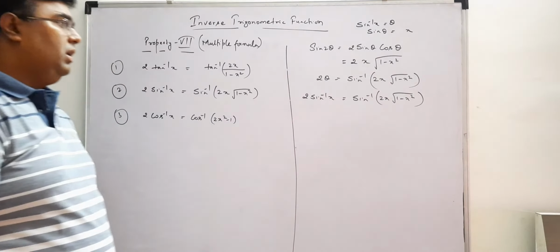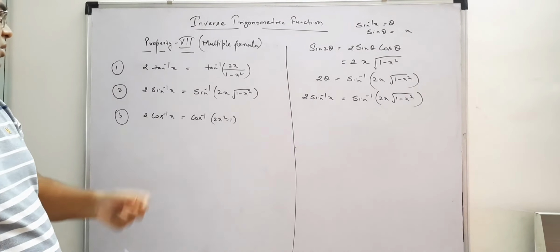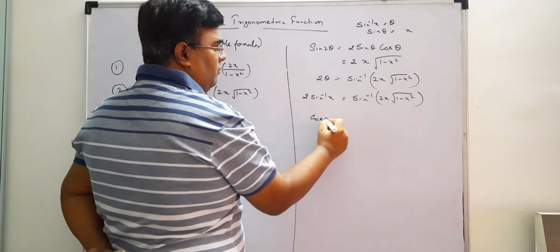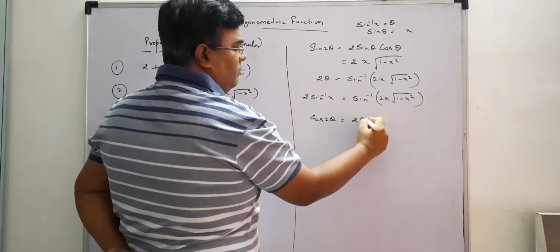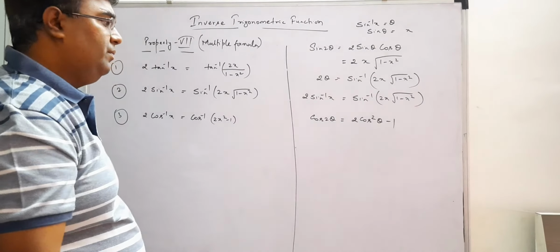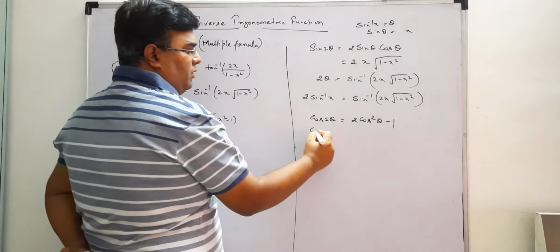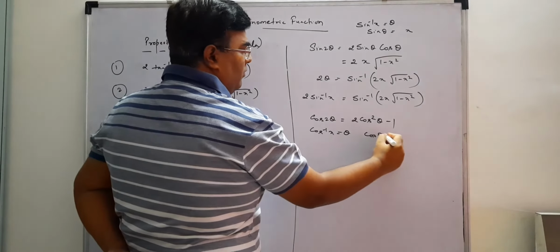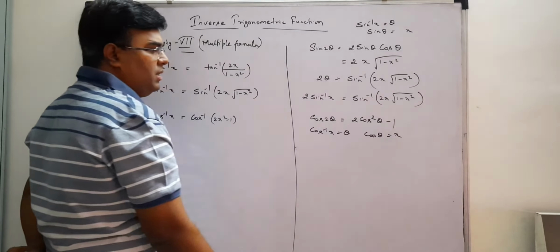Right? In this way you can find cos inverse also. What is my cos 2 theta? Cos 2 theta is 2 cos square theta minus 1. So if we take cos inverse x is equal to theta, my cos theta will be x.